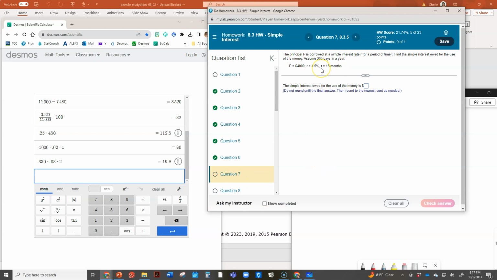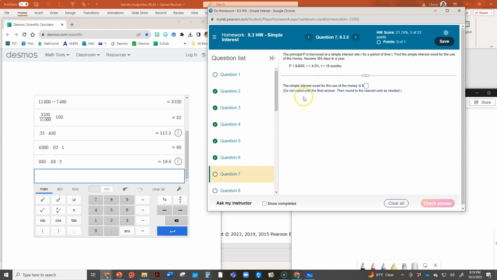Okay, so here they give us my time is 18 months. Simple interest. So again, I don't know why they're telling us it's 365 days when T is months. This is going to matter when we're doing compound interest, but we're doing simple interest. So we go by how T is defined. We're just going to pay interest one time, and it's usually at the end of 18 months.